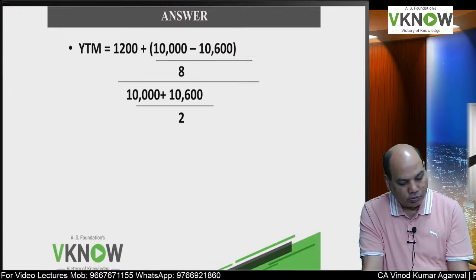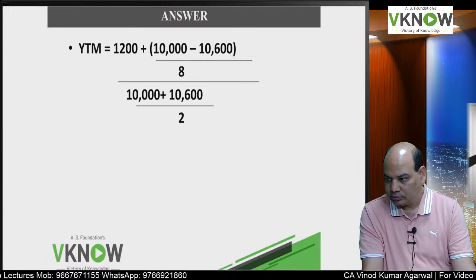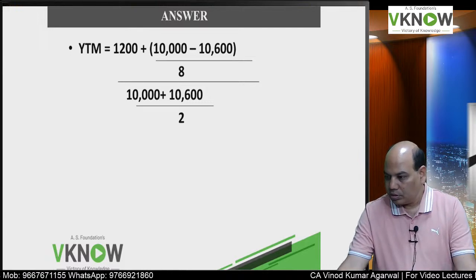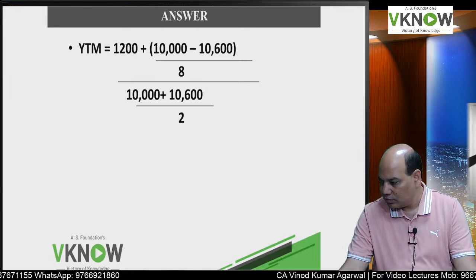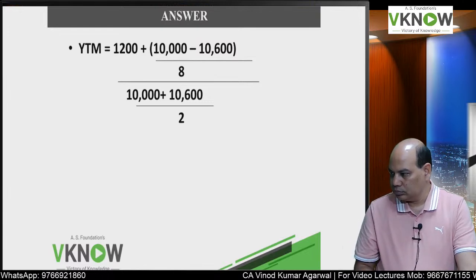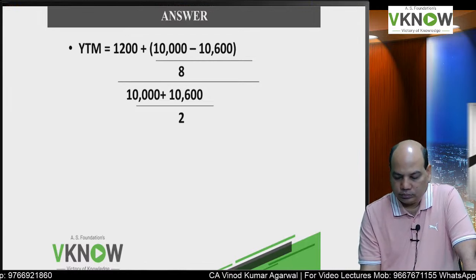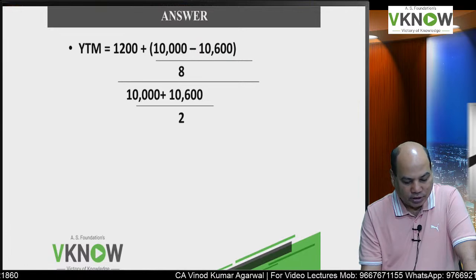The coupon amount will be 12% of 10,000, that is 1200, plus in bracket write 10,000 minus 10,600 upon 8, upon 10,000 plus 10,600 divided by 2.